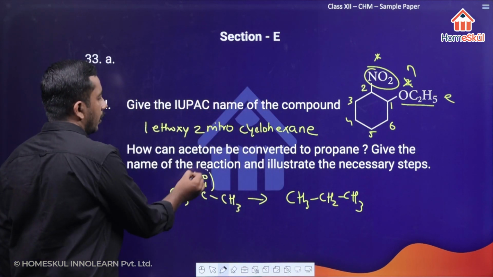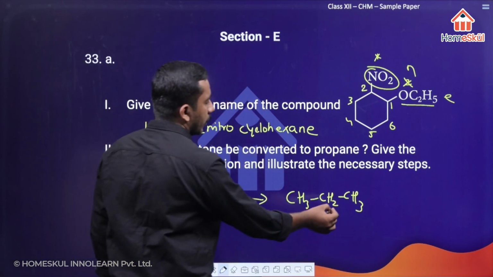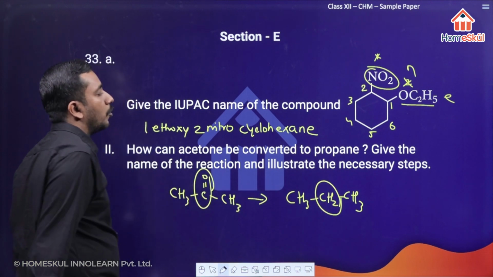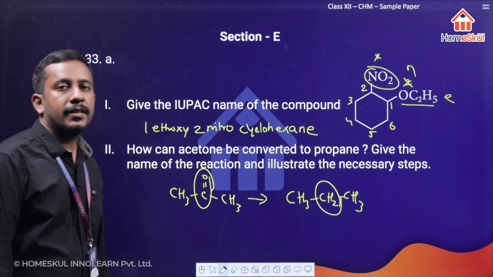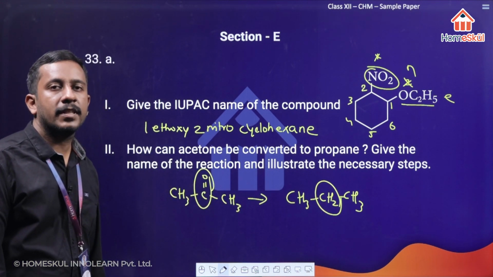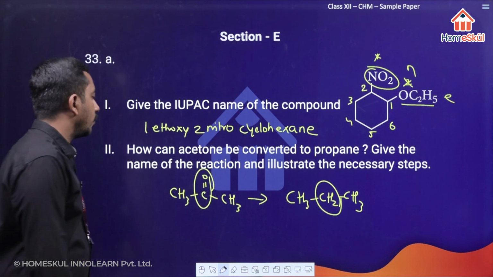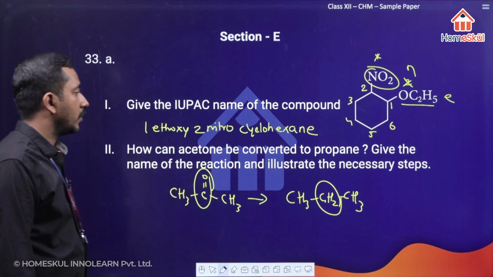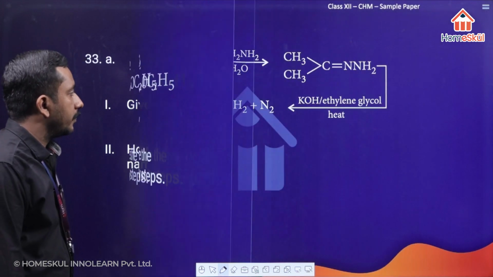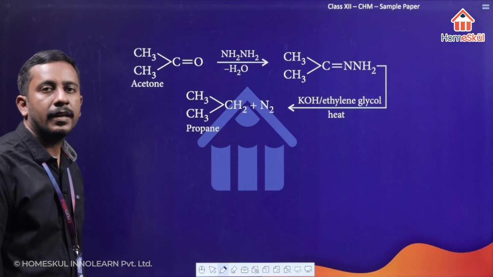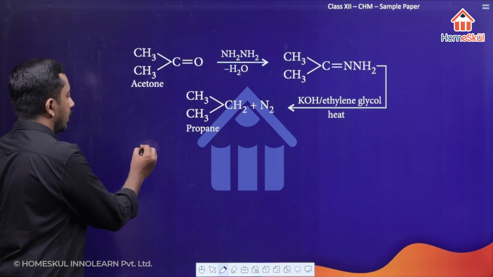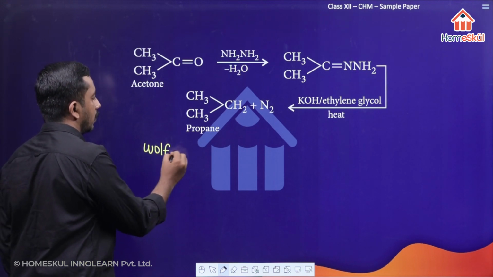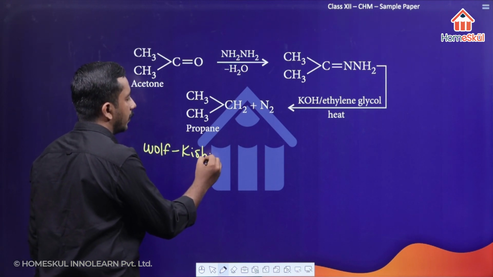That means the carbonyl group that is present will have to be converted into a CH2 group. So what is that reaction called? That is the Wolff-Kishner reduction, which converts the carbonyl group into a CH2 group. The name of the reaction is Wolff-Kishner reduction.